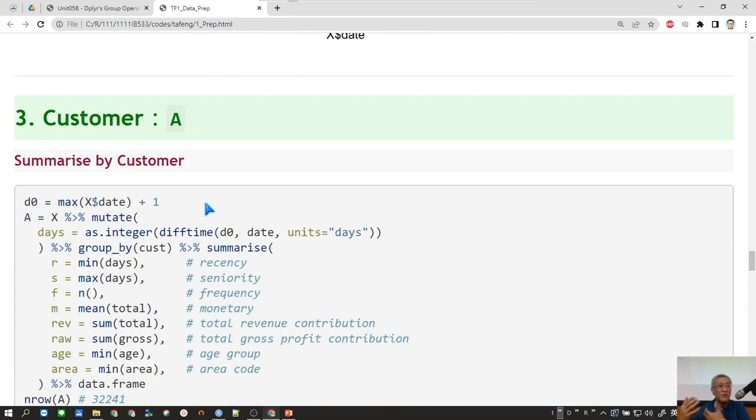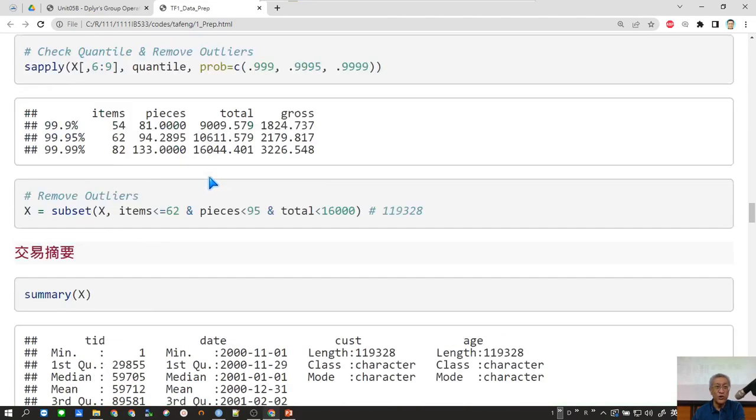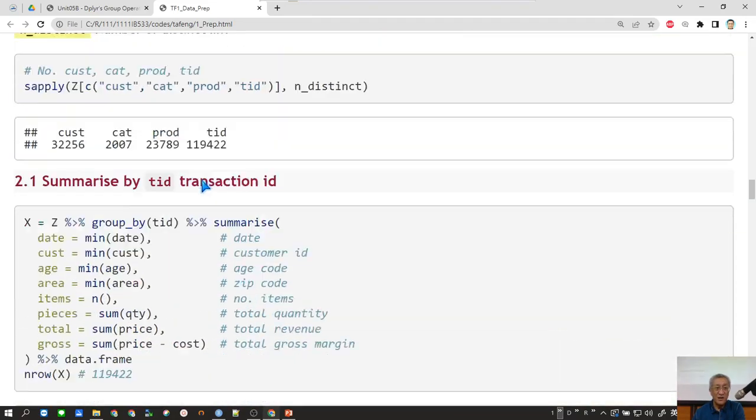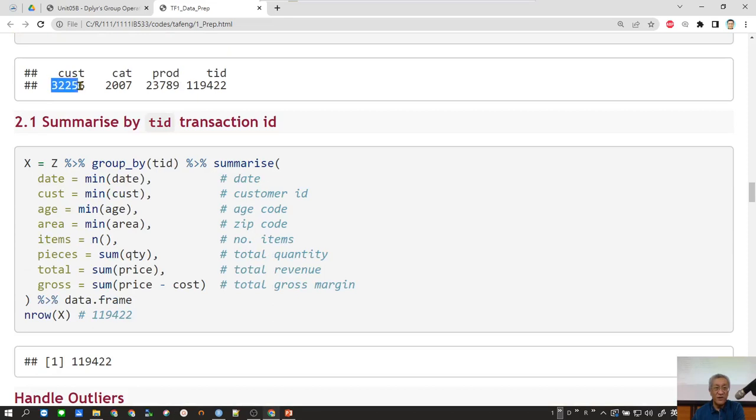Okay, now we have transaction data. The next thing is we want to examine the number of customers. From here we know that we have 32,000 customers generating 119,000 transactions.